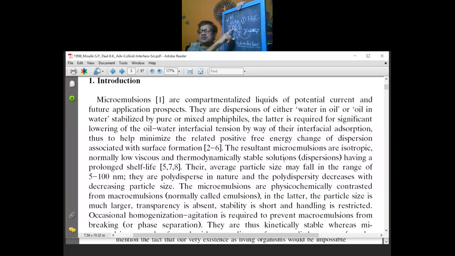It is not a true solution, but a dispersion of oil in water. Or here the continuous medium is oil, and I can disperse some water molecules. This is called a reverse micelle. Some water molecules will be there, required to solvate the hydrophilic head groups, and these are the most strongly and rigidly bound solvent molecules.